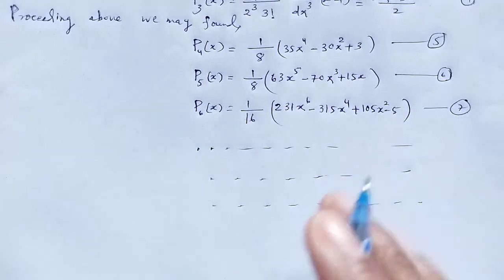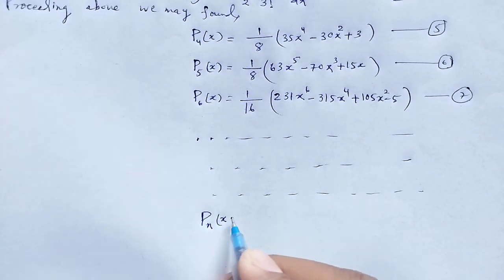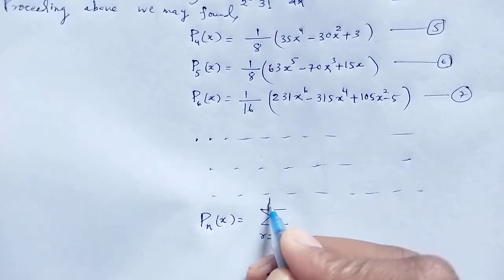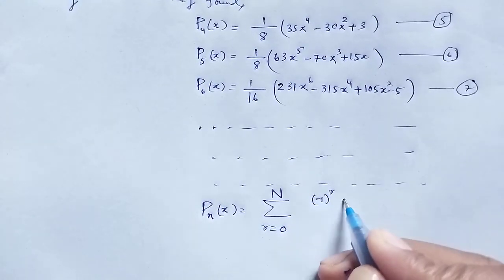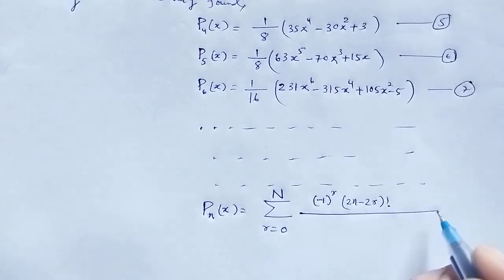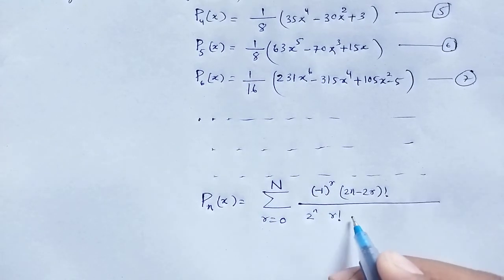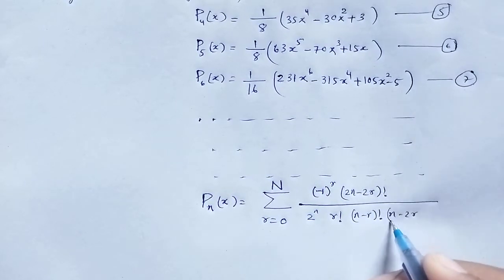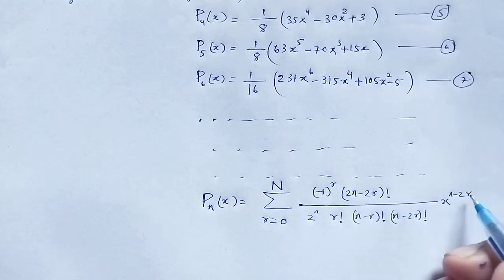Finally, we take the general formula for this, that is Pn of x will be summation over r from 0 to n minus 1 to the power r, 2n minus 2r factorial divided by 2 to the power n, r factorial, n minus r factorial, n minus 2r factorial, into x to the power n minus 2r.